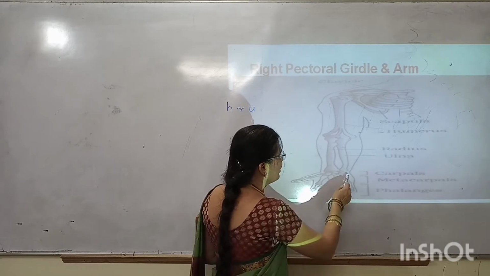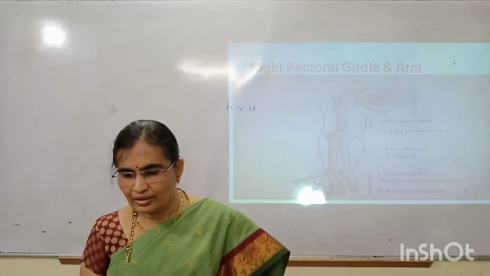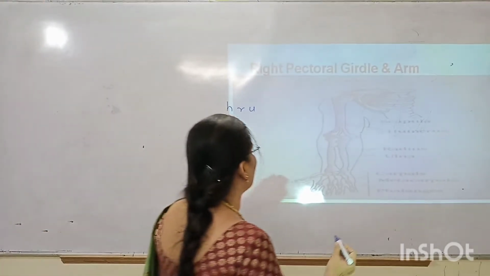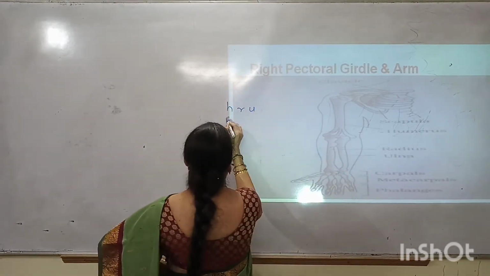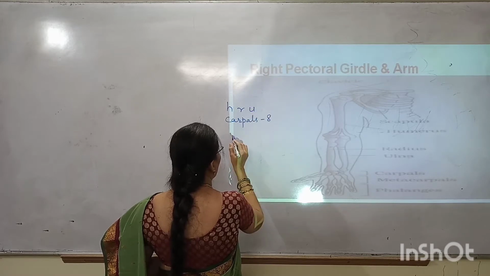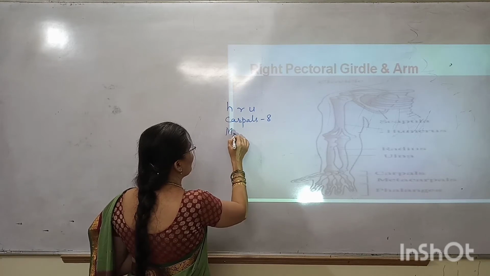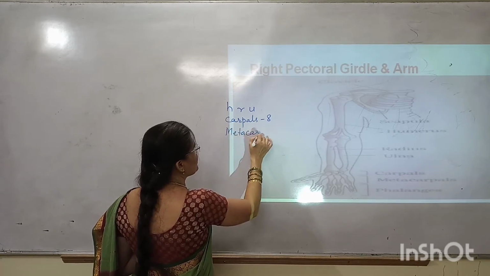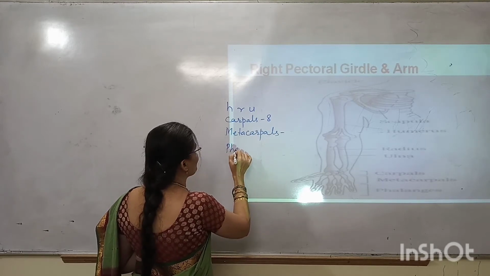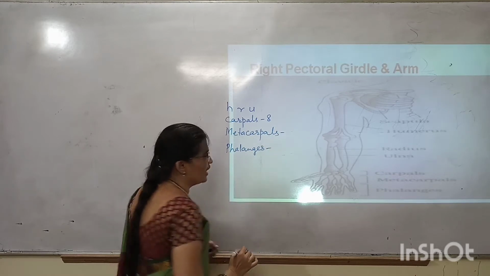Then here in the palm region, the wrist region, they are called as carpals. How many carpals are there? 8 carpals are there. Then metacarpals and phalanges.